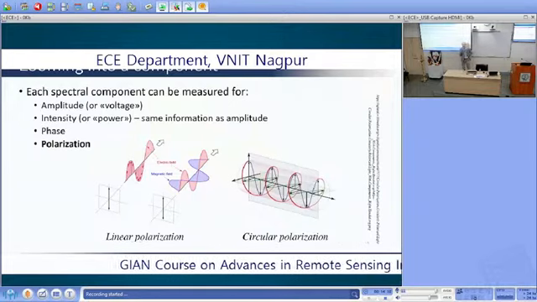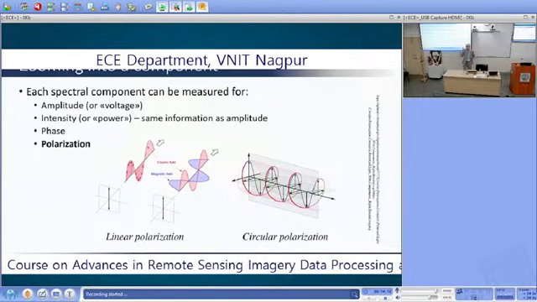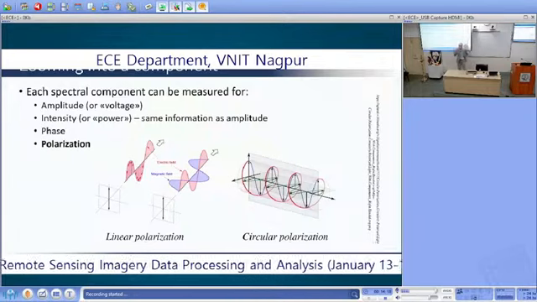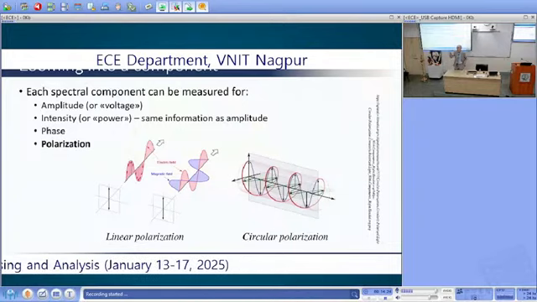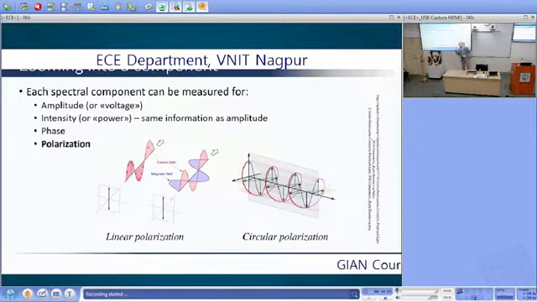Remember, we started from the concept of wave, which is electrical and magnetic field traveling together, et cetera, et cetera. So the electric field is always perpendicular to the propagation direction, but nonetheless, we can look in different directions, which are all perpendicular to the propagation direction. That's a concept of polarization, okay? That's also measured in remote sensing systems.